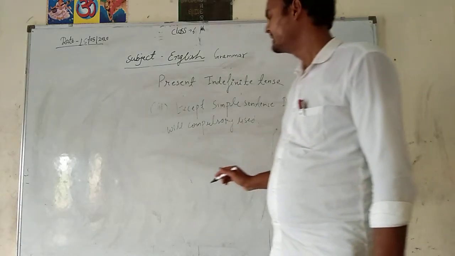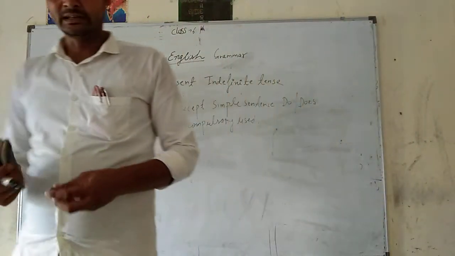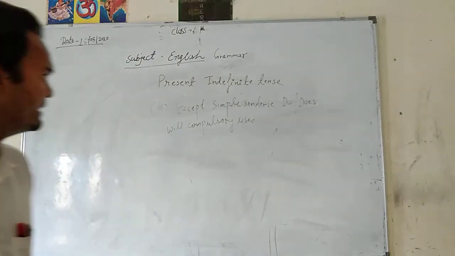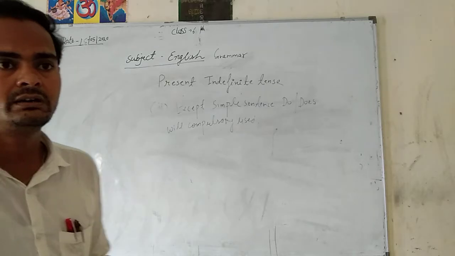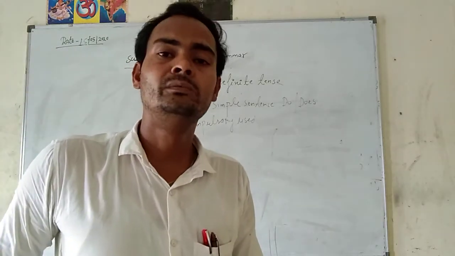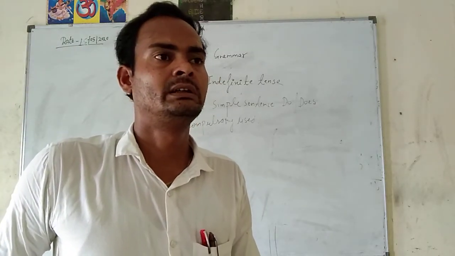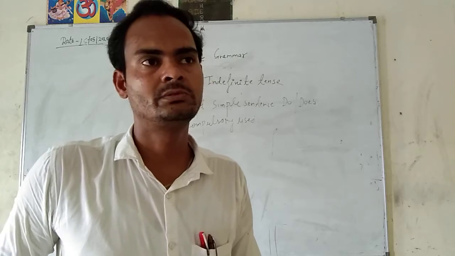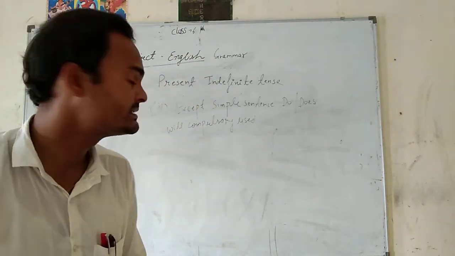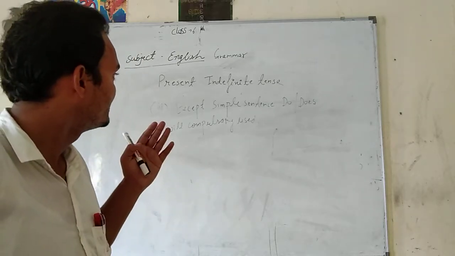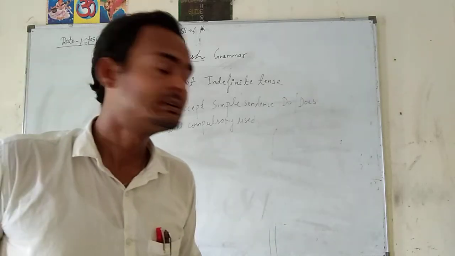So students, I remember that in class 5th I discussed present indefinite tense, and students did some homework in their previous classes. But I am repeating it for those who are new students and new admissions, and as repetition for old students also.